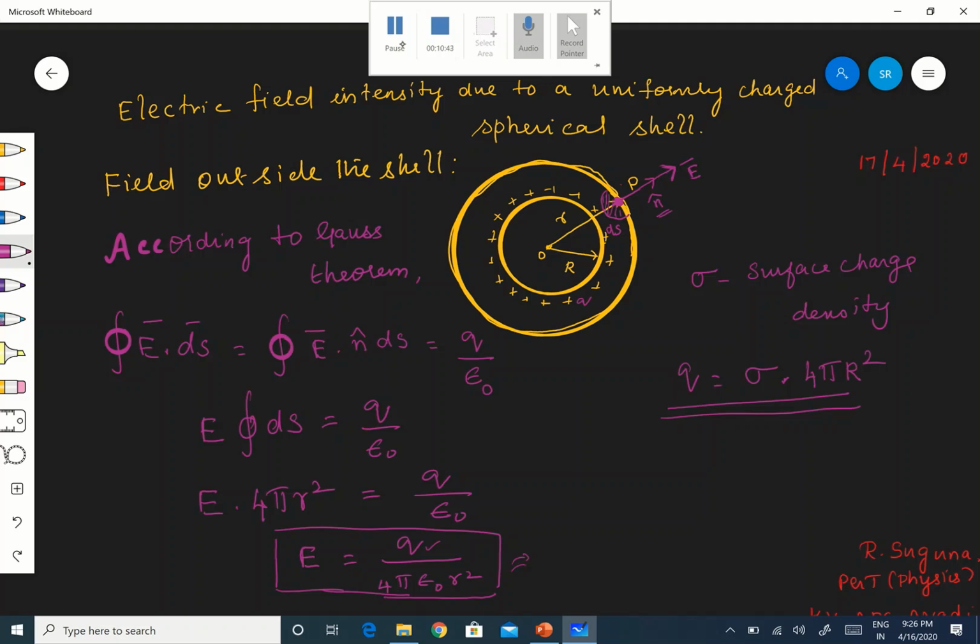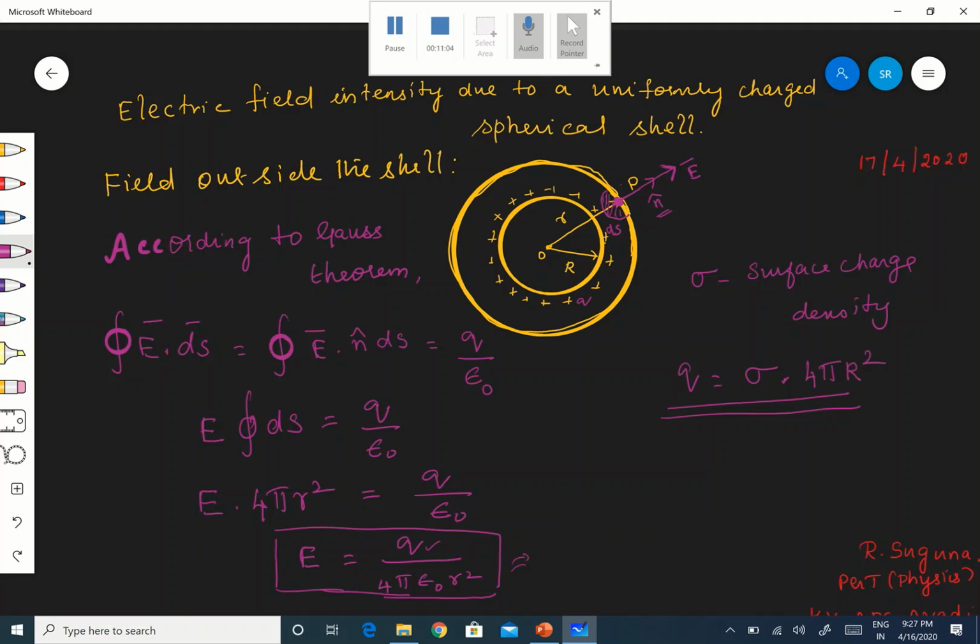Actually, all the charges are spread on the surface of the shell. But when the point P is taken outside, the shell behaves as if all the charges are concentrated at the center. That is why you have this expression, E equal to Q by 4 pi epsilon naught r squared.